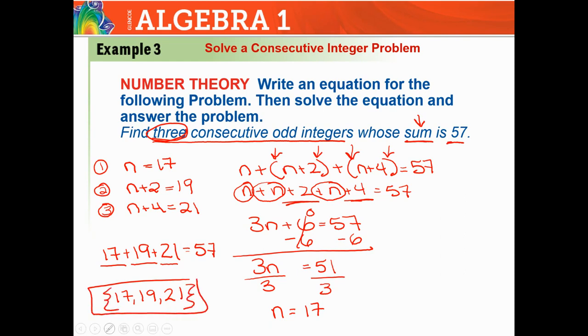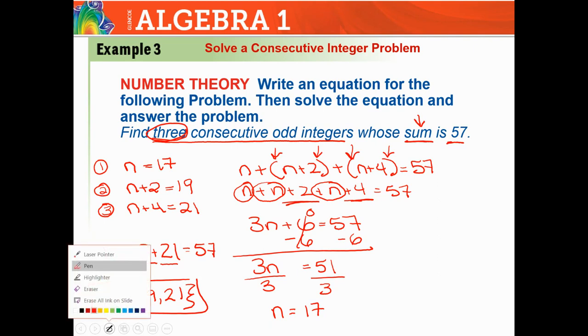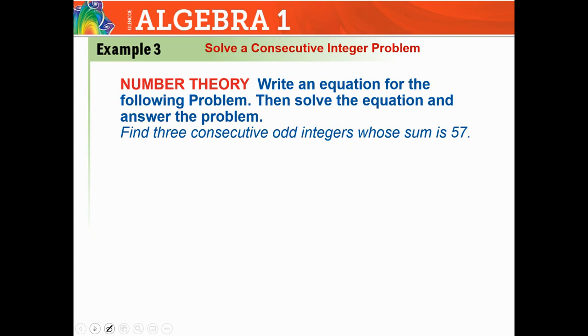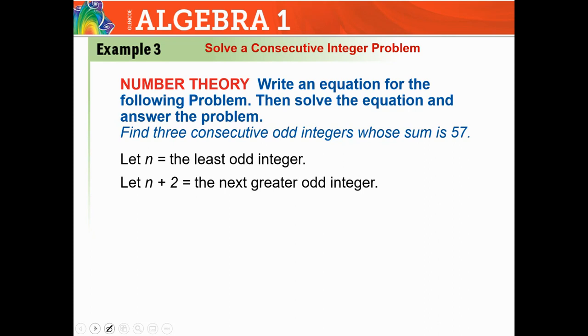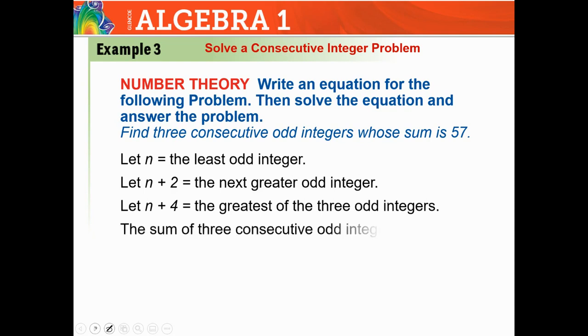So let's see how they solve it. Okay, so we let n equal the least odd integer. So that's what we started with. Then we let n plus 2 equal the next greater odd integer. Then we did n plus 4 to equal the greatest of the 3 odd integers.